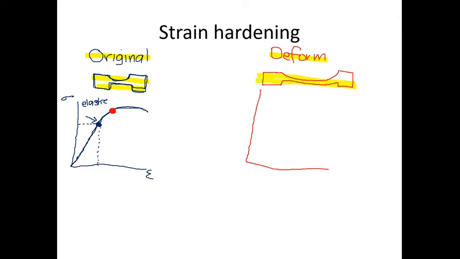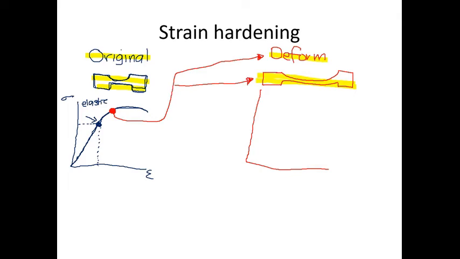At this point, we stop the experiment and unload the stress, and then we have this deformed material. As you can see, the material is longer than the original sample.